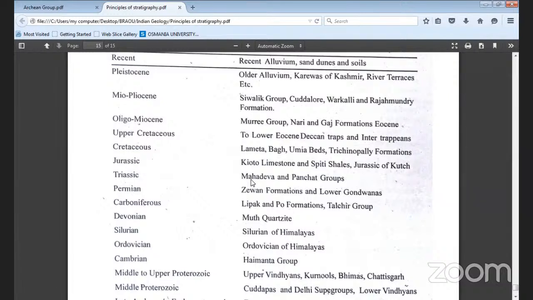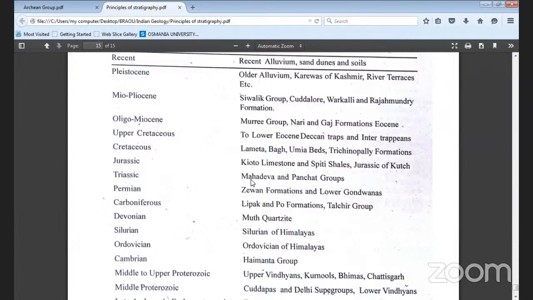Upper Cretaceous to lower Eocene has the Deccan traps and intertrappeans. Cretaceous has the Lameta, Bagh, Umia beds, and Trichinopoly formations. Jurassic has the Kioto limestones and Spiti shales, and the Jurassic of Kutch.